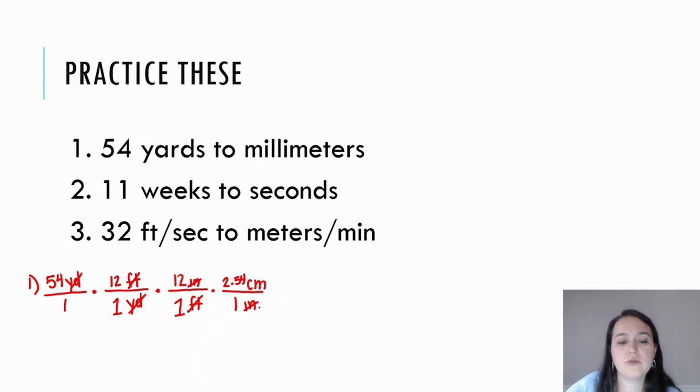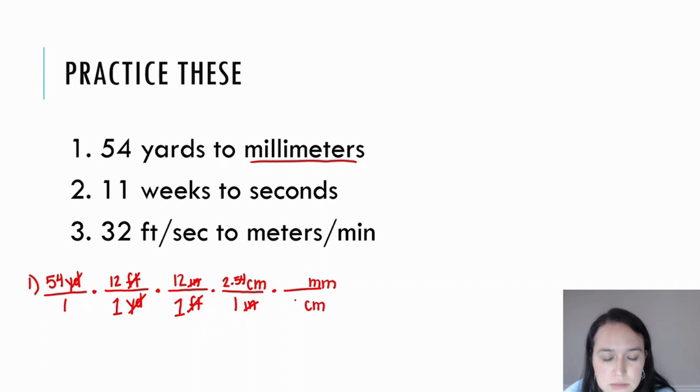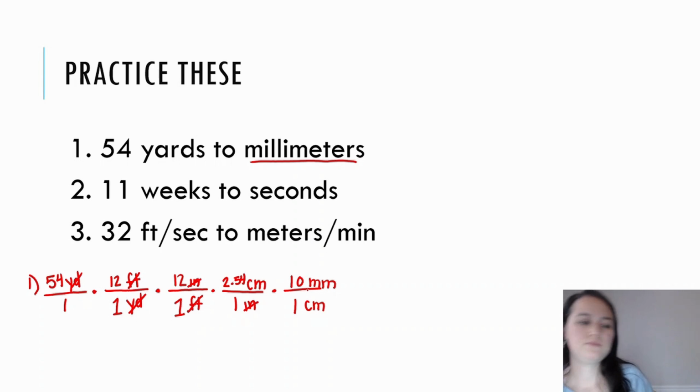So 2.54 centimeters is an inch. So now look, now I'm in the metric system. So if I'm going to go from centimeters to millimeters, that's what I'm trying to get to, right? Millimeters. 1 centimeter is 10 millimeters because it's all base 10. Hence the standard or the metric system measurement.